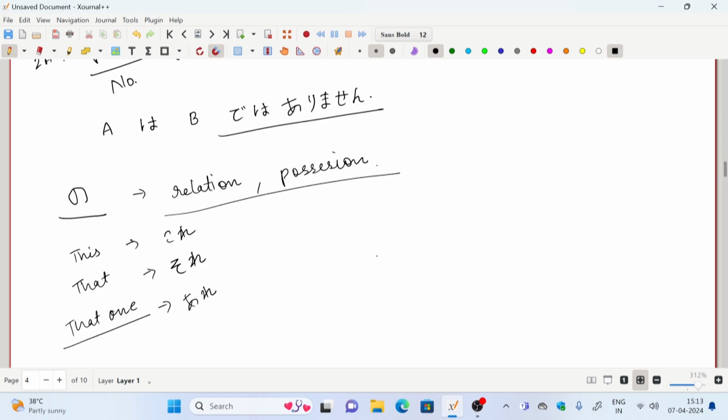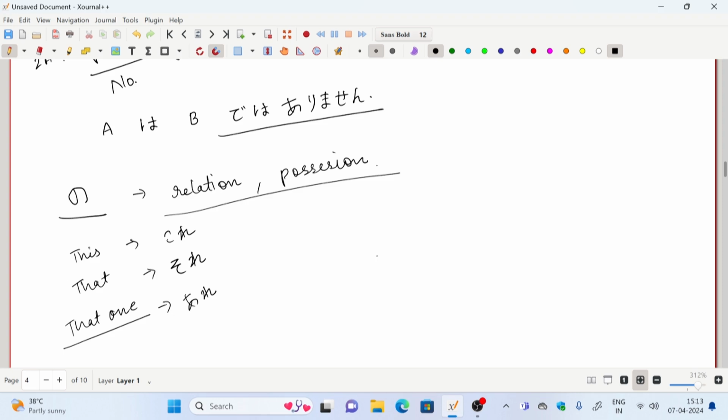Kore is used for things near to the speaker. Sore is used for things far from the speaker but near to the listener. Are is for things far from both the listener and the speaker.